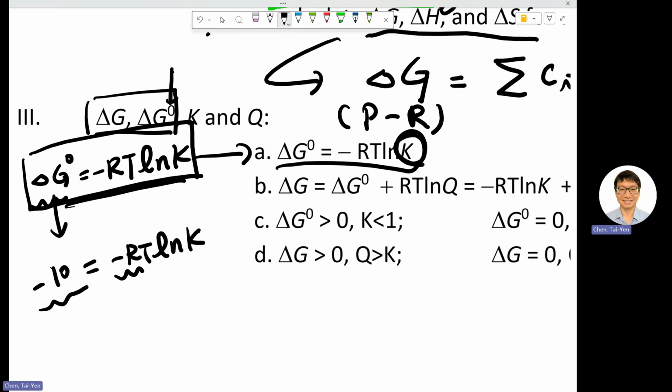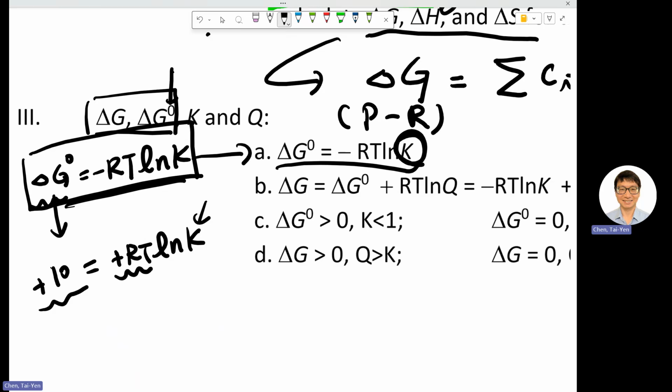So this RT is just a prefactor, right? So the negative sign will cancel out. So the larger, or more negative, your delta G naught is, your K is going to be larger. That is energy-wise in favor.